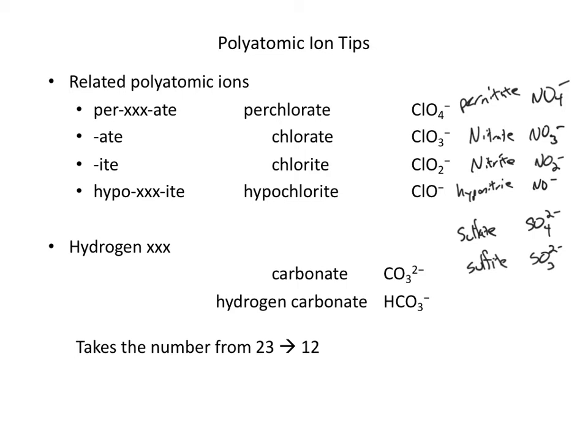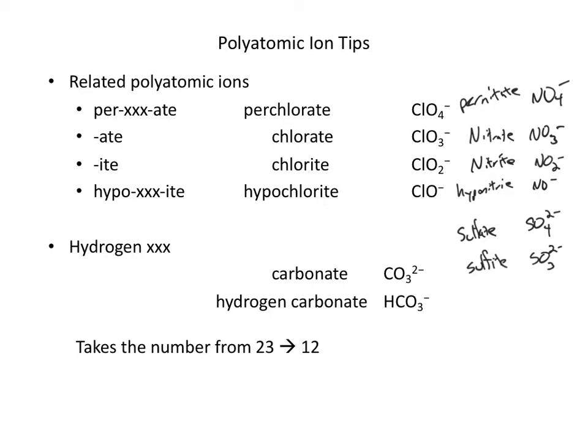Another pattern that you'll notice: a lot of the polyatomic ions that have not just a -1 charge, but more than a -1 charge, also have a paired ion that has a hydrogen added to it. So carbonate is CO3 2-, hydrogen carbonate is HCO3-.